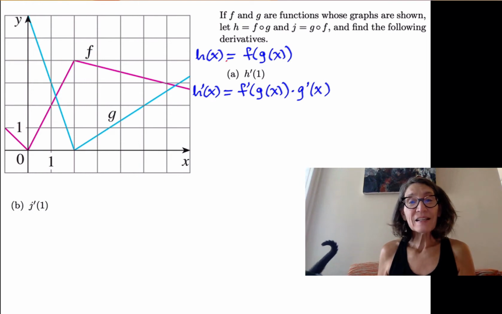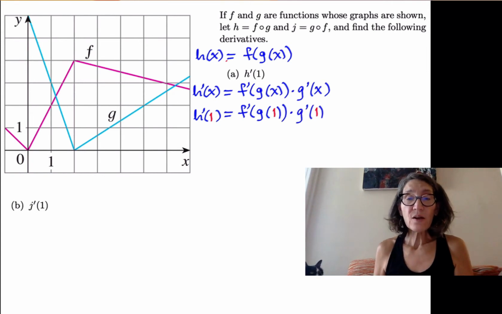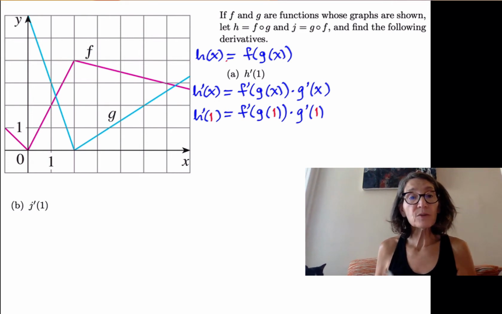Now if we want H prime of 1, that means we're looking for F prime of G of 1 times G prime of 1. So now let's find G of 1 from the graph of G. Looking at G, the blue graph, locating X equals 1, we're going to plug in whatever we find for G of 1.